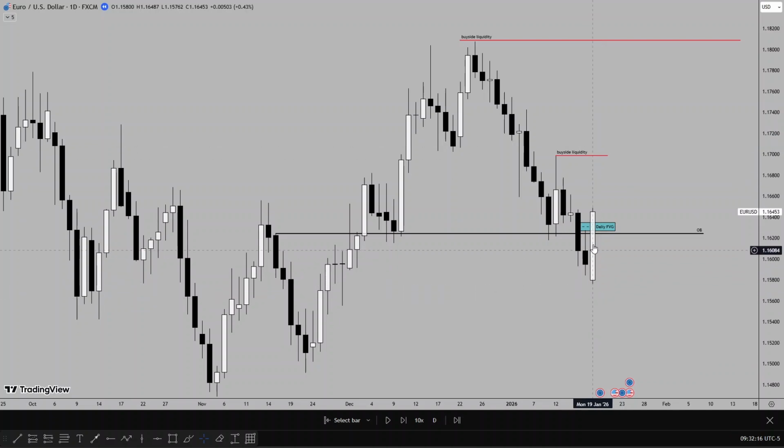Now, Monday traded through a daily fair value gap, and if price were to use the daily fair value gap as an inversion fair value gap to trade higher, the next draw on liquidity should be the buy side liquidity, which means Tuesday we will be anticipating an up close candle for price to trade higher. And our first draw on liquidity should be previous day's high, and the overall target should be the buy side liquidity.